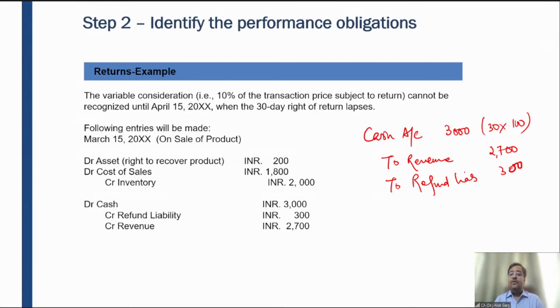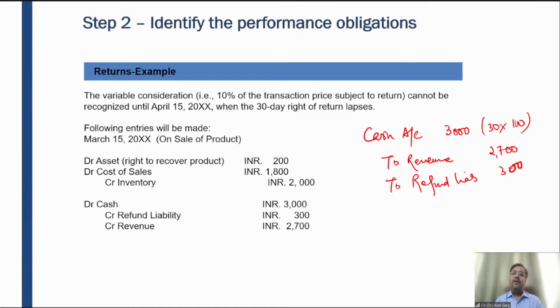Friends, so you have debited cash, you have credited revenue, and you have also stated a refund liability. So in your balance sheet, on the asset side, 3000 rupees cash has come. On the retained earnings, this 2700 has flown, and there is a refund liability of 300 also.